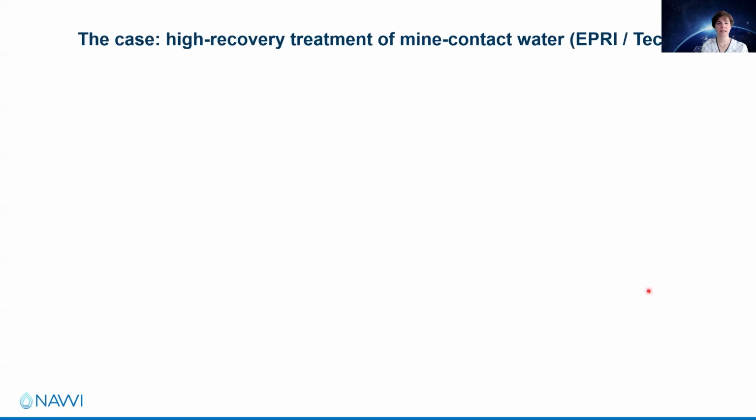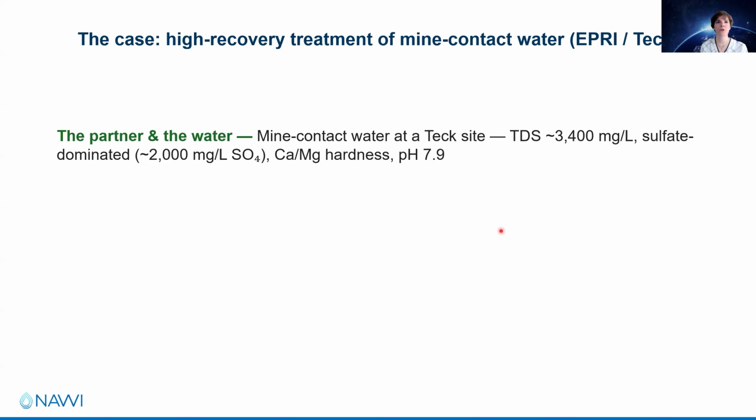Before going to the method that we used to answer this question, I will quickly recap the case that we studied. It was mine contact water from a Teck site with 3,400 milligrams per liter TDS. It was sulfate dominated and characteristic of mine contact water, with calcium and magnesium hardness. That was the problem.